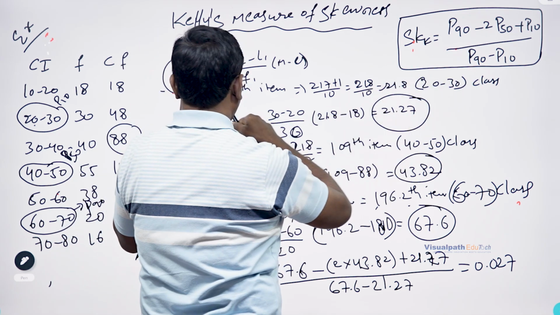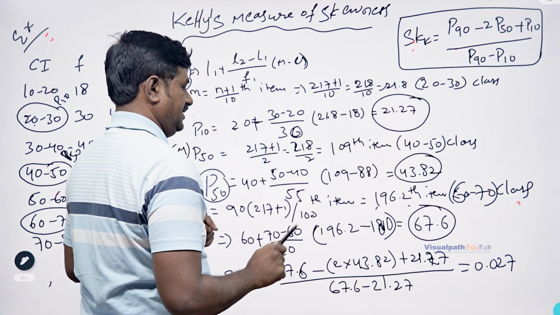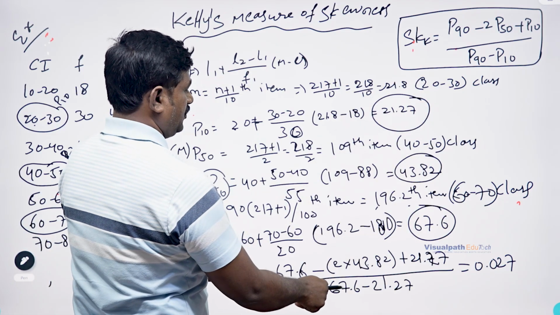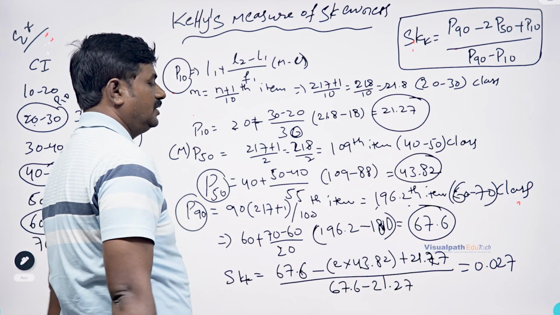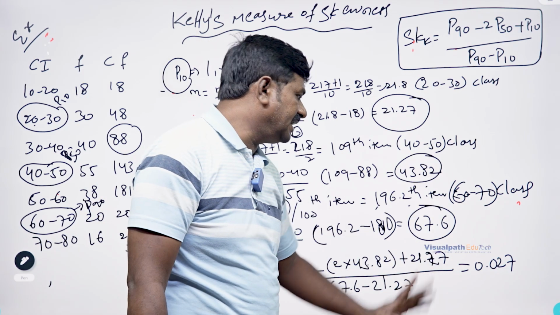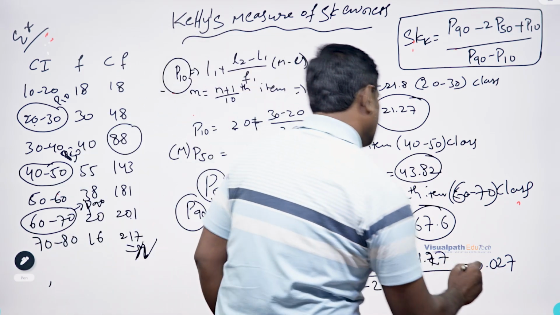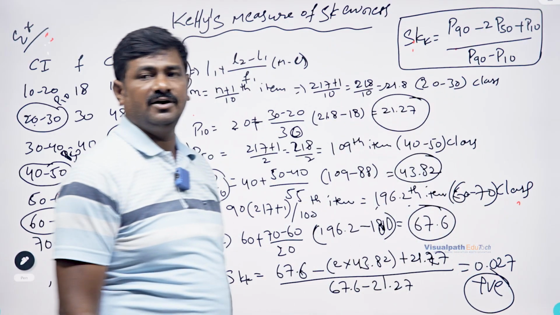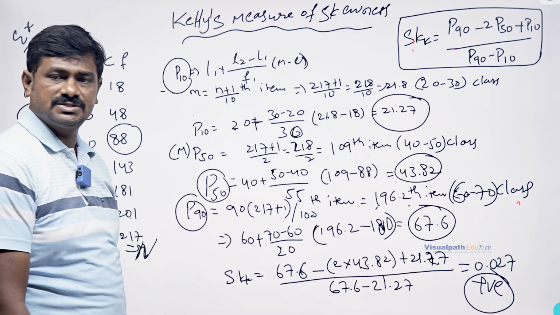P10 we got as 21.27. So by P90 minus P10, 67.6 minus 21.27. Then to simplify this value, we'll get 0.027. That is positive skewness we will get here with the help of Kelly's measure of skewness.